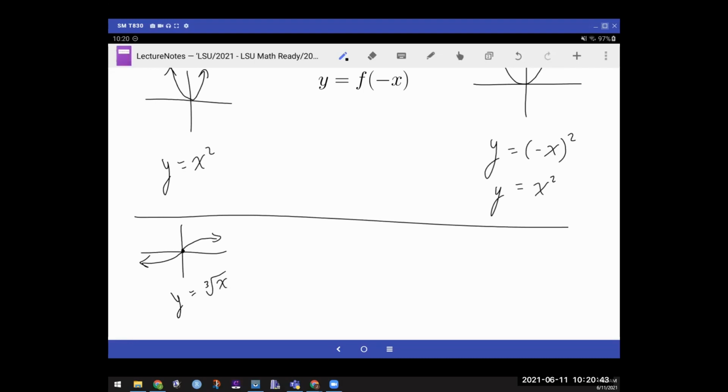There we go. Well, if you change that to a negative, the part that was over here is now going to be on the opposite side. And the part that was over here is going to be on the right side. So there you go, you get this graph instead. That would be y equals that.